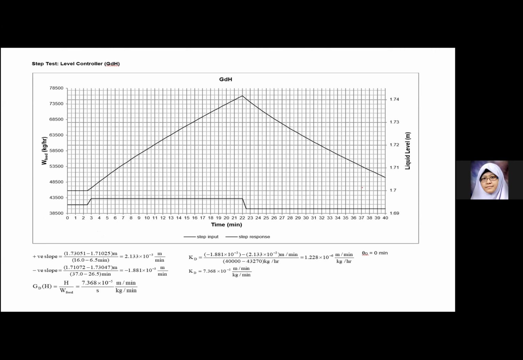Basically, you can estimate the slope from both of these: the positive slope and negative slope, and then take the average. You need to divide it by the step change. If you divide by the step change, you will get the gain.